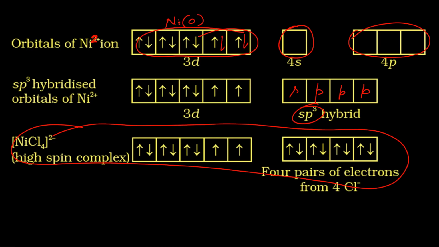So even if we have a strong field ligand, pairing is already done. So again we have these 4 as empty p orbitals, so again it will be sp3. Although there is a change in oxidation state and a strong field ligand is connected, the hybridization is still the same. Clear, Vedant?